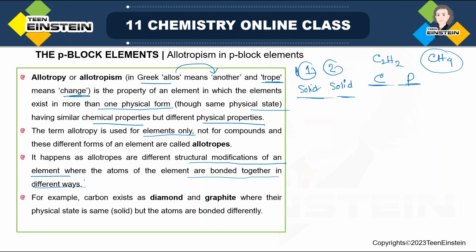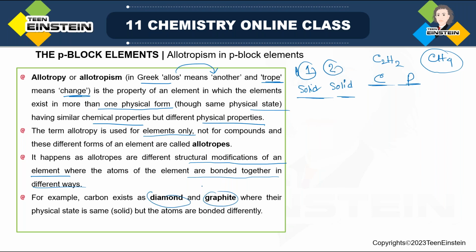Now, a very good example we will see is carbon. Two allotropes we will consider here, though more than two are there. That will be discussed in the respective group, not here. Here we are just focusing on the general properties of the p block. So a very good example of allotropes in carbon is diamond and graphite.